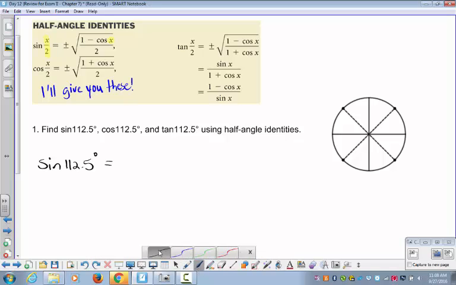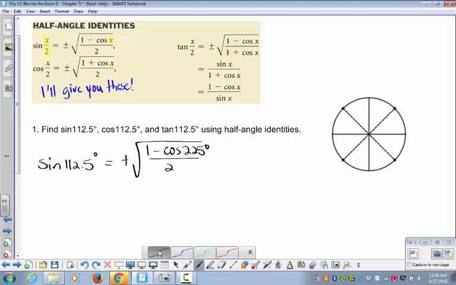Sine of 112.5. 112.5 is in what quadrant? 2. Is sine positive or negative in quadrant 2? Positive. So we're choosing the positive square root of 1 minus cosine of twice that angle, 225, all divided by 2 inside the square root.